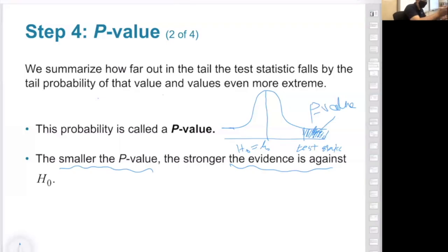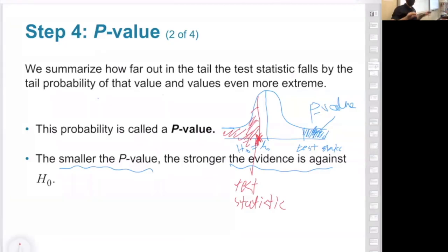But if the area is so close, for example it's here, like this, and the test statistic is here, as you can see, it's so close to the middle. So this is support for H naught, for the null hypothesis, not for the alternative hypothesis.